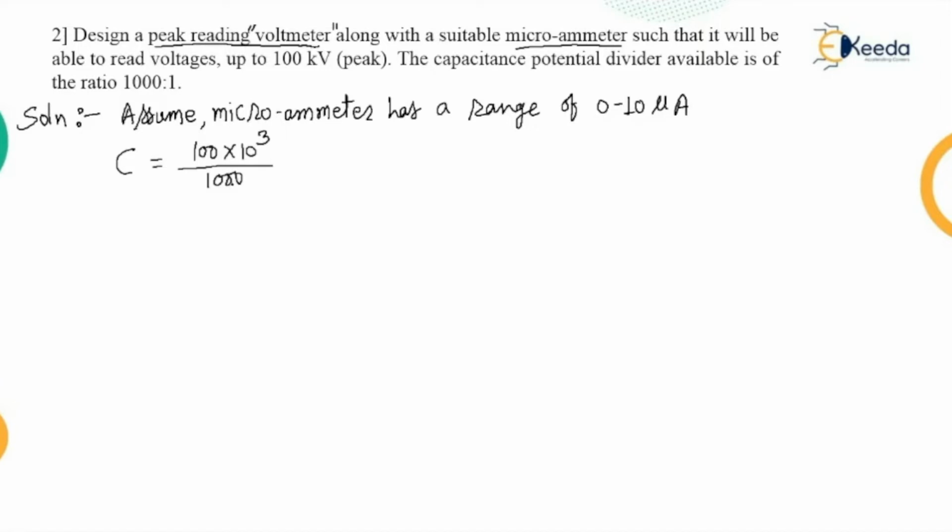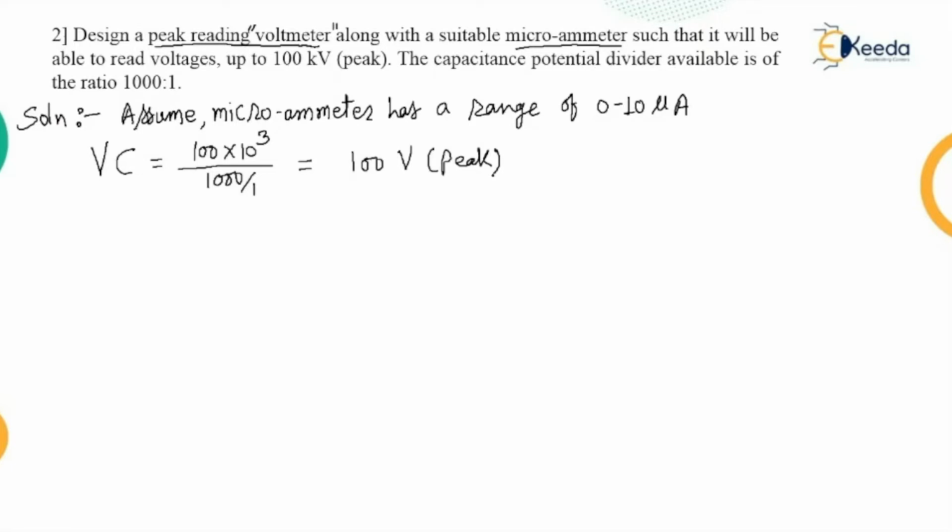So therefore, what we get is 100 volt peak. It means the voltage available across the capacitor is 100 volt. That is the peak value, as the voltmeter is a peak value measurement.